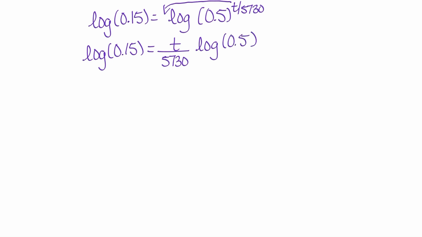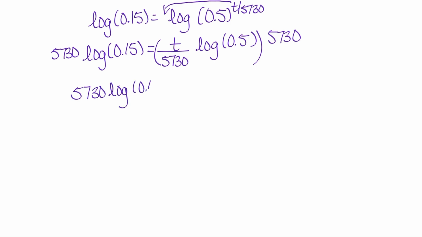Okay, so now I need to solve this for T. So I'm going to start off by multiplying both sides by 5730 to get that out of the denominator. So I have 5730 log of 0.15 equals, here this cancels, and I have T log of 0.5.